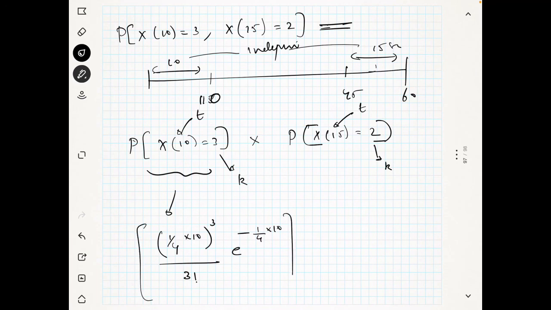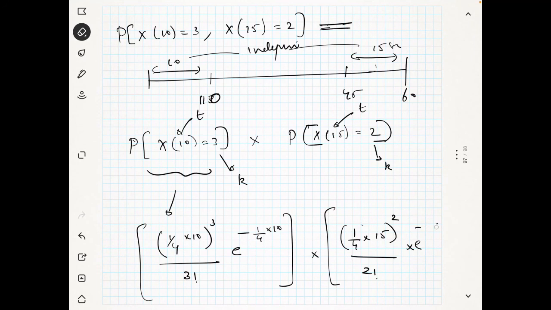This is our first term, multiplied with the next: lambda t, lambda is 1 by 4 into 15. t is 15 here, and we are talking about 2 arrivals, so k is 2, divided by 2 factorial multiplied with e power minus 15 by 4. 15 by 4 means 1 by 4 into 15.